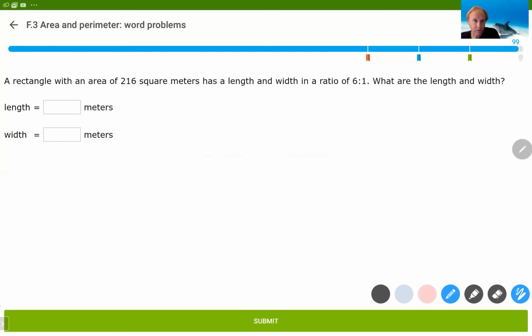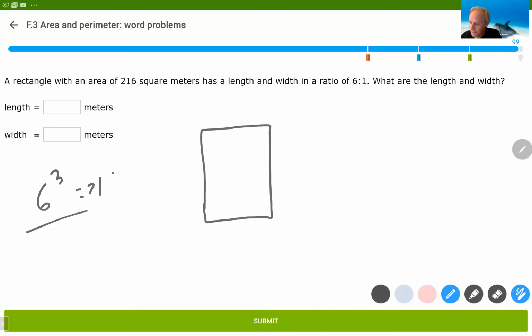I'm guessing there's one more. Okay, we have an area of 216, and it's a rectangle, and it's 6 to 1. Now this time we have an area of 216, and it just so happens that 216 is 6 cubed. 6 cubed is equal to 216. That helps because that means that if I take 36 times 6, I get 216.